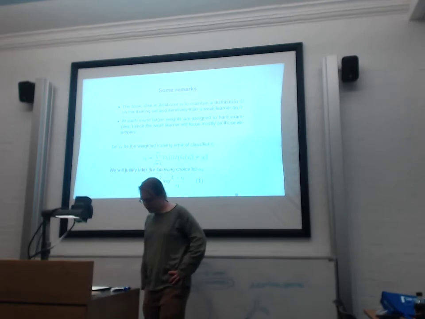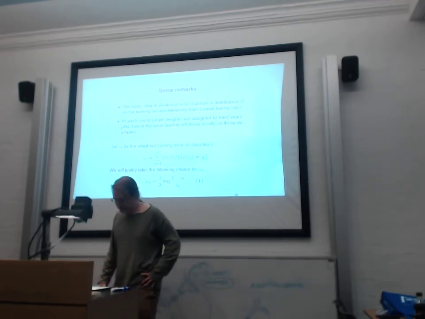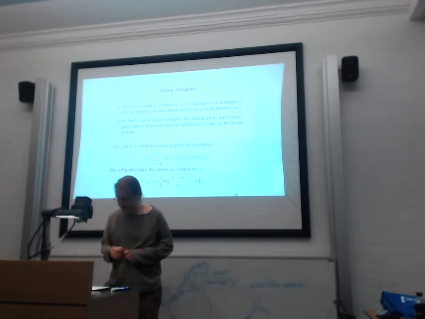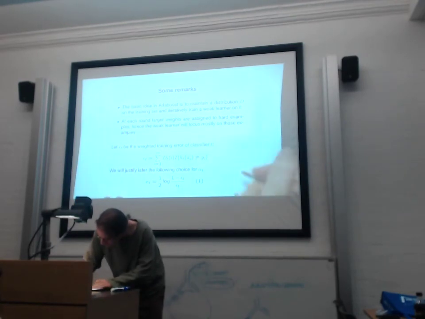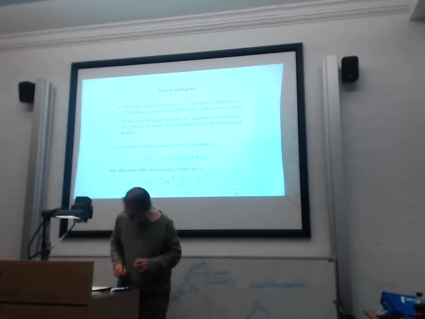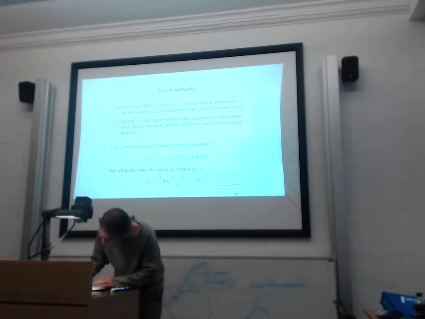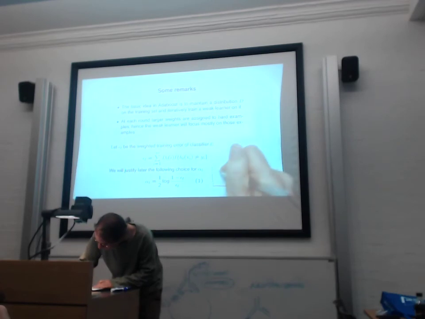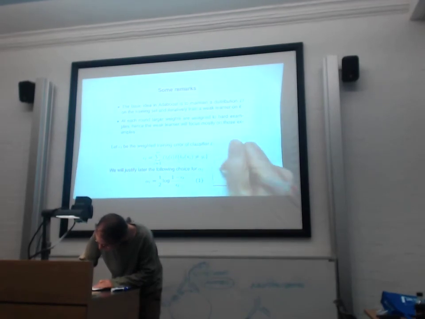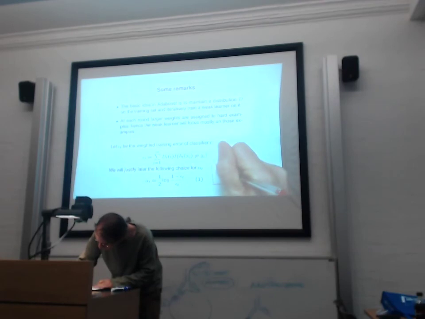So what does log of (1 minus epsilon_t) divided by epsilon_t look like? We can think about this as a plot. As epsilon goes to 0, this is large, and as epsilon goes to 1, it's small.